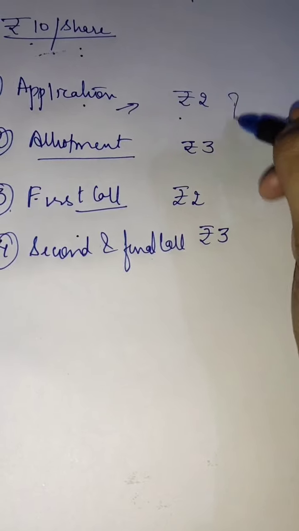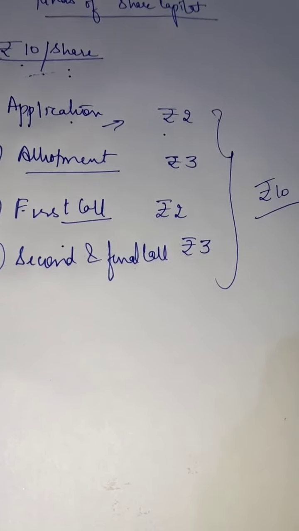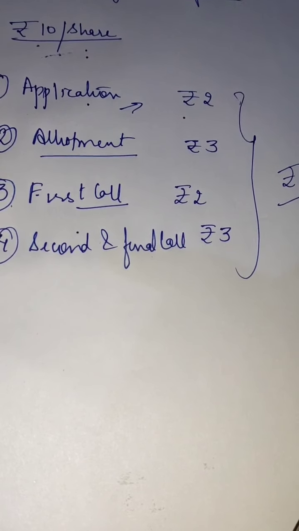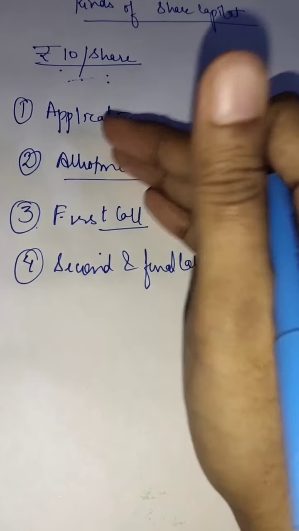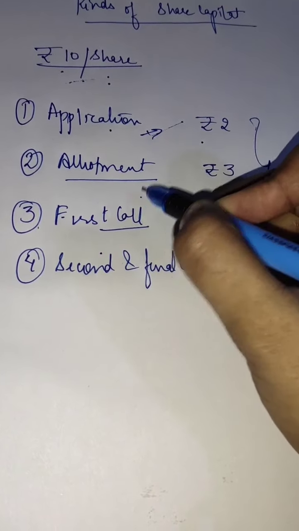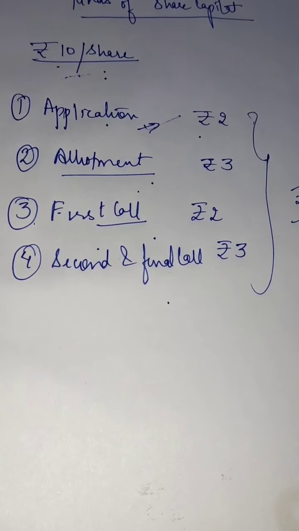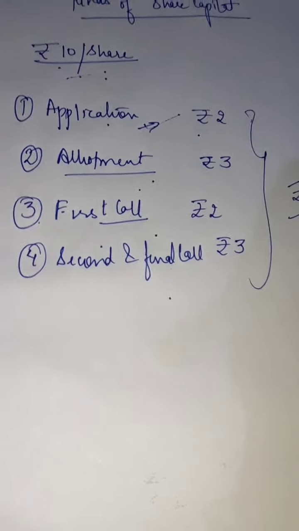So here we completed our 10 rupees from the public. The company usually asks the money of the share from the public in this form. First they will ask the application amount, later the allotment amount, later the first call, and then the second and final call. It depends upon the question which we are going to attempt in the numericals.